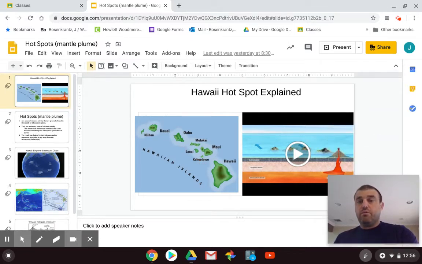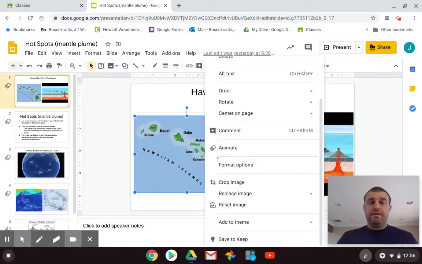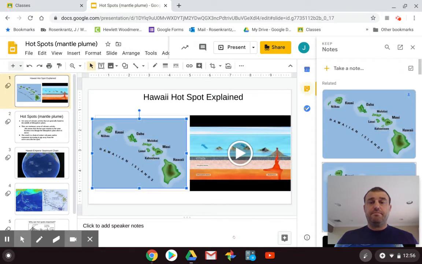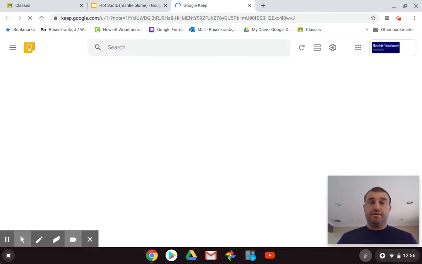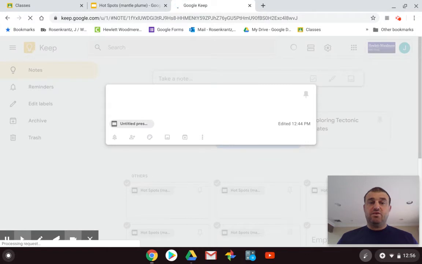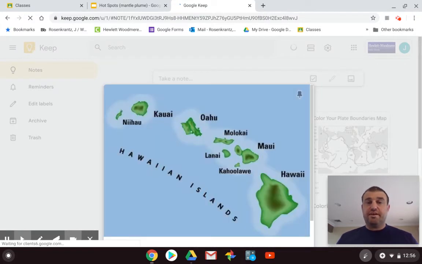So what I want you to do is, I showed you how to use Google Keep. I want you to bring that image into Keep, save the Keep, and then open in Keep. And now you can write on it a little bit to take notes on what I'm saying.